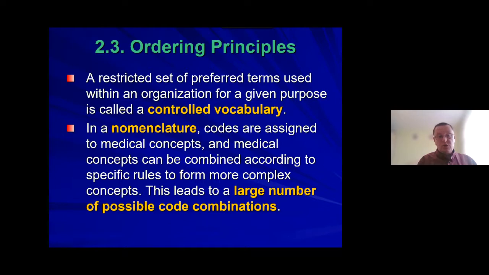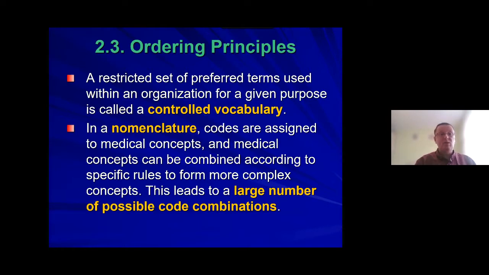And in a nomenclature, codes are assigned to medical concepts, and medical concepts can be combined according to specific rules to form more complex concepts. So with the usage of a nomenclature, we are almost ready to create an encoded message.